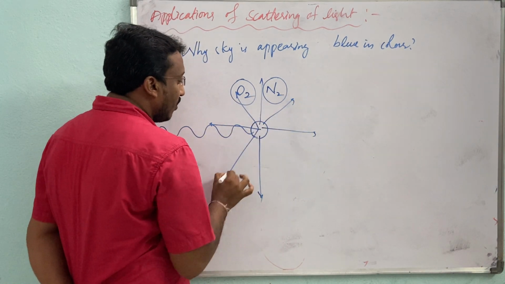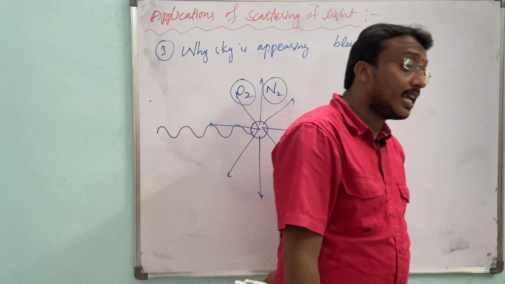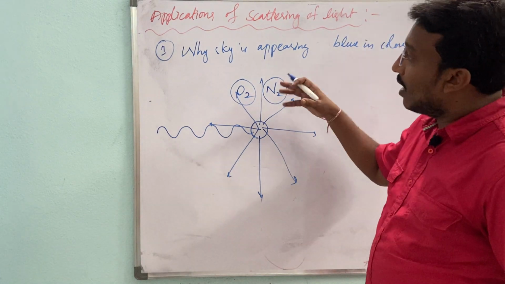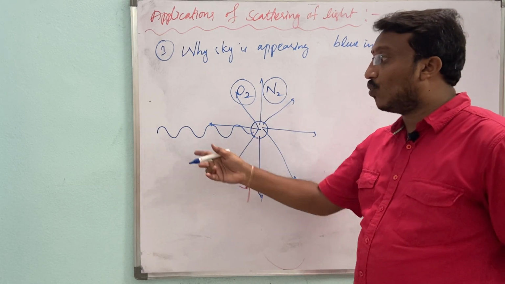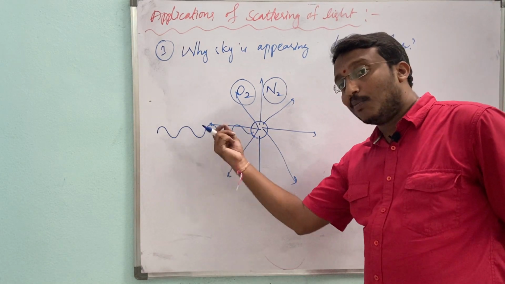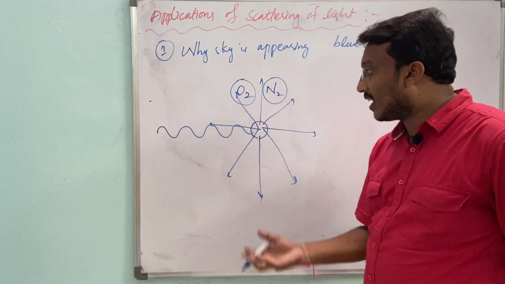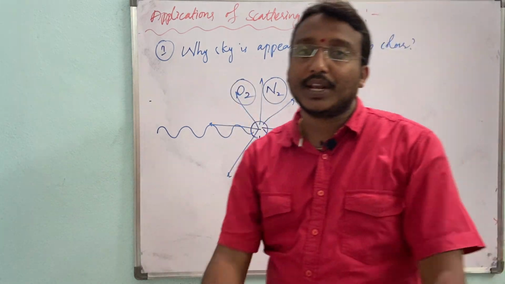We know that in the atmosphere, oxygen and nitrogen gases are in more percentage. Due to that reason, much more scattering takes place for blue light compared with the other colors. Due to that reason, the sky appears blue in color.